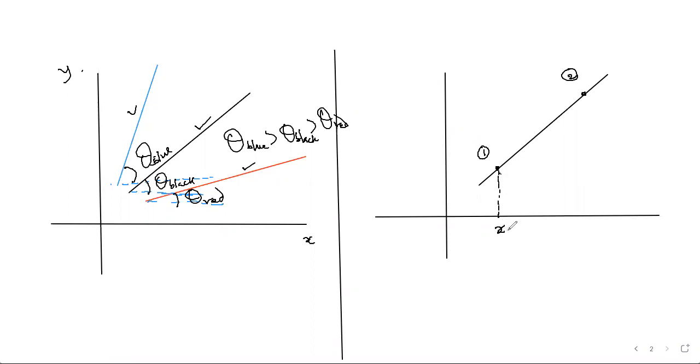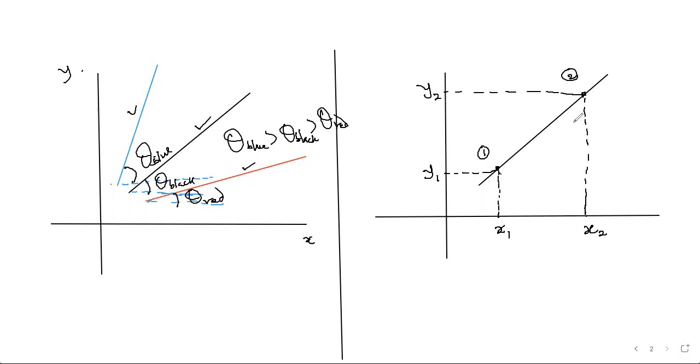This becomes my x1, the x for point 1, and this becomes my y1, the y for point 1. If I go to the second point and trace it down to the x-axis, I get x2, the x coordinate of point 2, and also I can get the y coordinate of point 2.